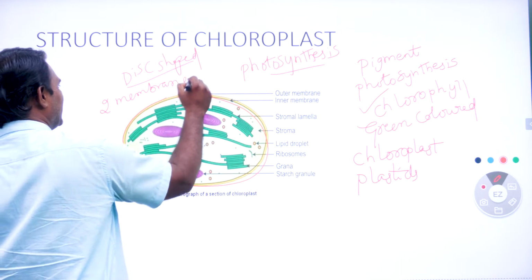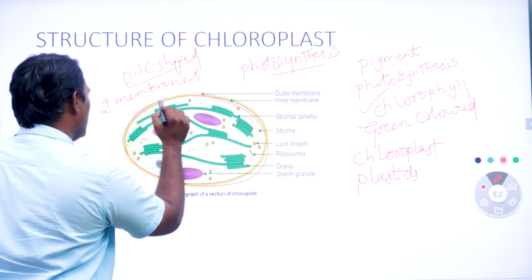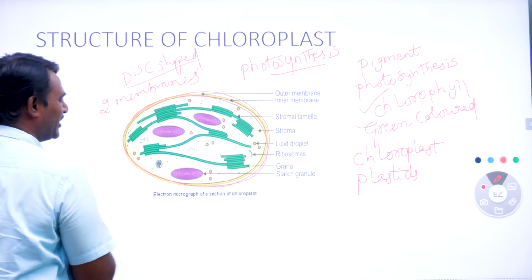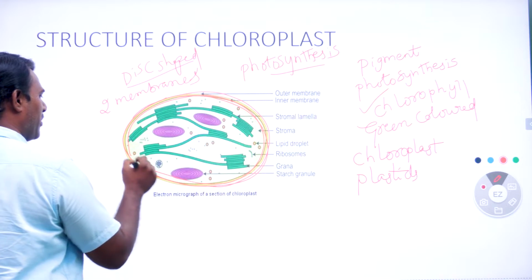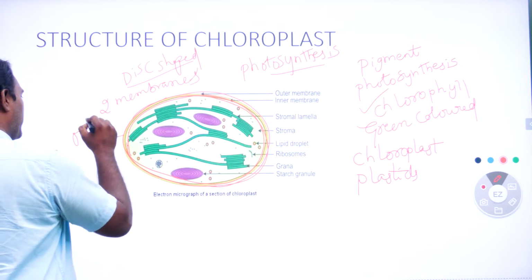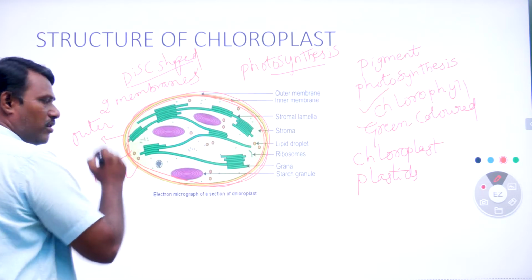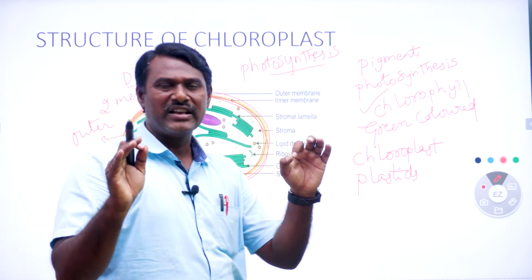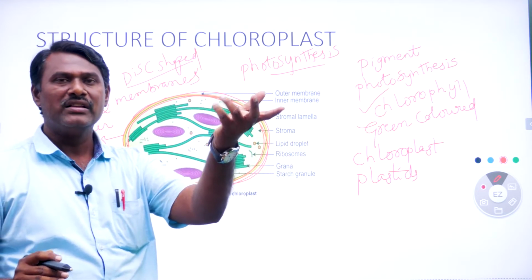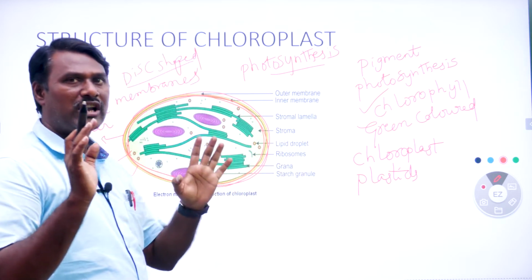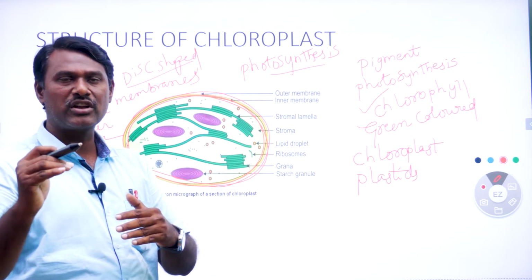This is called the external membrane, and this is called the internal membrane. So this is the outer membrane and this is the inner membrane. Okay, so chloroplast is a double membranous cell organelle which is present in plants.